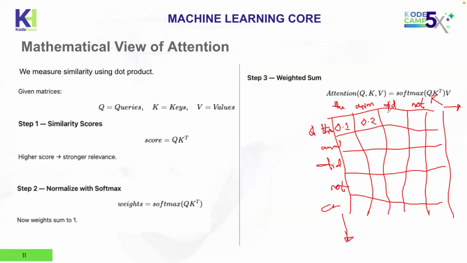Then did will be 0.1 and so on, right? So then animal too, okay? The relevance of the to animal will also be here, the relevance of animal to itself will also be there, and so on. So you just keep having values in this.